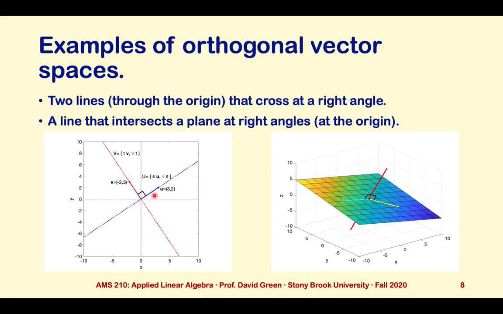2 lines that cross at a right angle from one another are a pair of orthogonal vector spaces, as we show here. This also gives us a little bit of an intuition for why we only need to check the orthogonality of a basis. This vector u that lies on the line u can be considered a basis for this vector space, and this other vector v that lies on the line v can be considered a basis for the vector space v, and we see that when these 2 vectors are orthogonal to one another, the lines that extend from these vectors are orthogonal to one another.